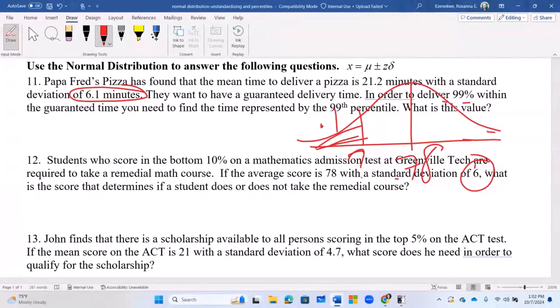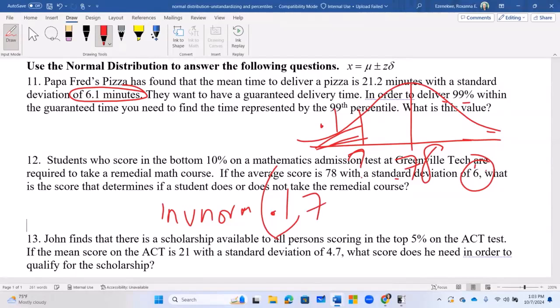But if you score at that and above, then you don't have to take remedial. So we are trying to find this with inverse norm. So what is the passing grade? Inverse norm. And the area to the left is given to me as 10% or 0.1. Area to the left has to be in decimal.